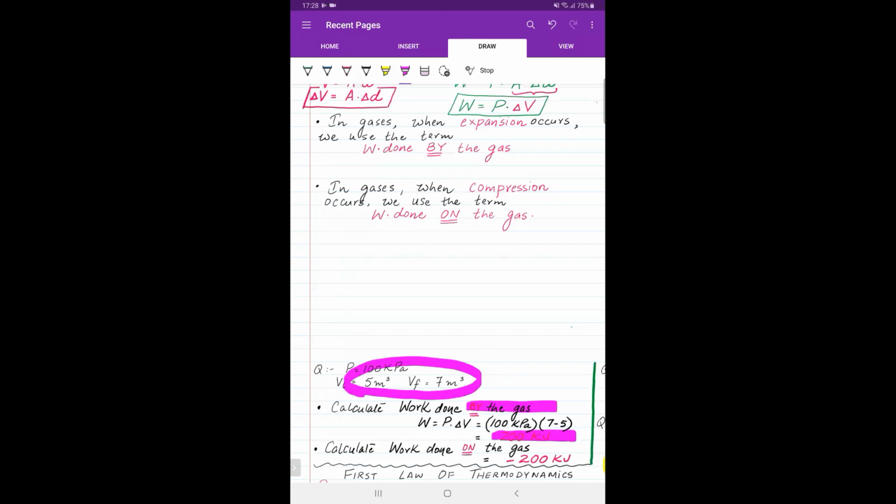And for the same case, work done on the gas should be regarded as negative.